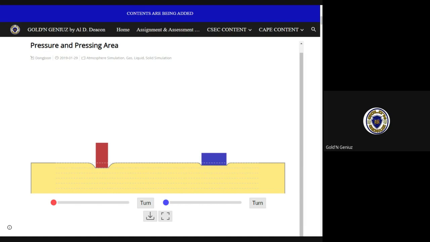That's what you're seeing in front of you. The blue block would be my finger pressing on the surface of the balloon. It won't burst. If I should use a needle, which I could say is the orange rectangle, then the balloon will burst because I am applying more pressure to the balloon.